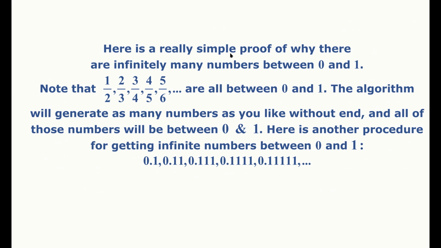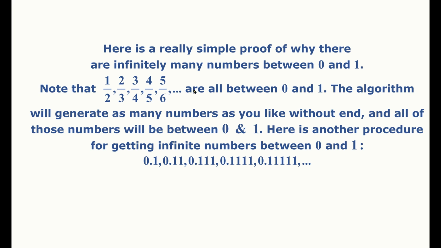So here is a real simple proof of why there are infinitely many numbers, for example, between 0 and 1. Remember, we can do this for any two numbers, right? But we're just picking 0 and 1 for simplicity. Note that if you take, for example, 1/2 and then 2/3 and then 3/4, notice what I'm doing. From each step to the next, I'm just adding 1 to both the numerator and the denominator, right? So then 4/5, then 5/6.